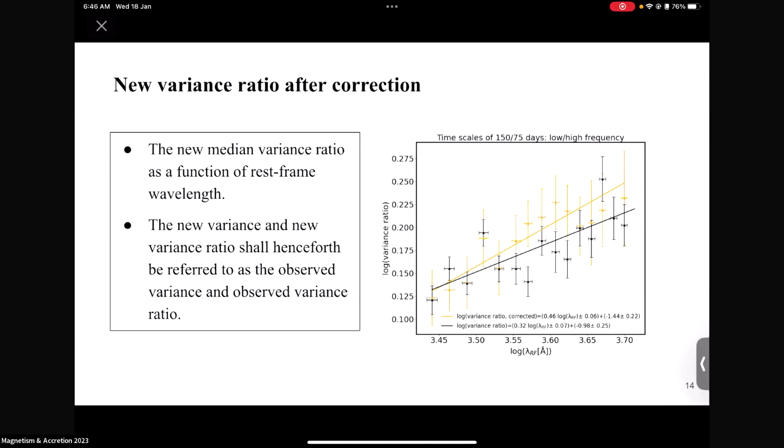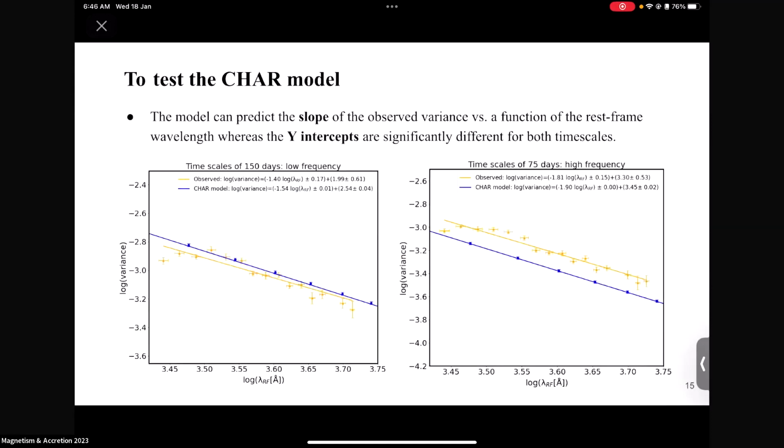So in this case, you can see that we found a positive correlation between the variance ratio and the rest frame wavelength. Later we also compare our result with the CHAR model, and in both time scales, the CHAR model variance is represented by blue and the observed variability is represented in orange, and we find that the CHAR model agrees with the slope of the plot of variance versus rest frame wavelength, but the y-intercepts are significantly different.